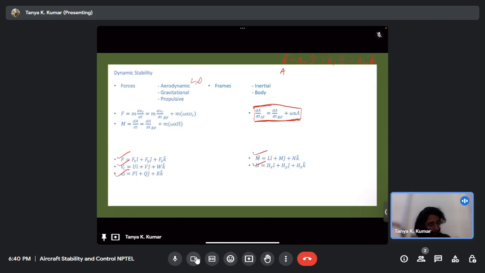And the same vector in the body frame is Ax i plus Ay j plus Az k. Now let's take the derivative in the inertial frame.